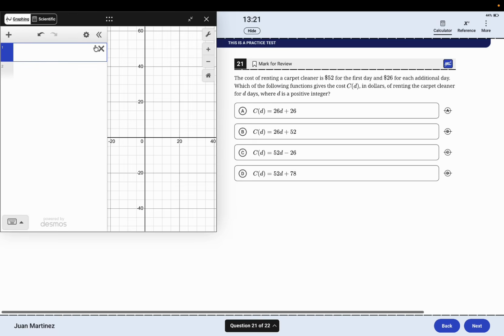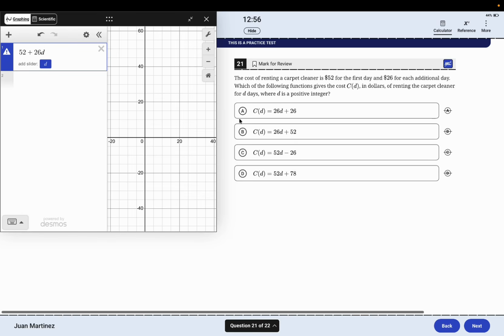Okay, so 52 for the first day. That's just going to always stay the same. It's going to be 52 for the first day. And then we have to take into account our other days, right? Some of you may think this is the correct answer right here, 52 plus 26D. But as you can see, B is going to be the wrong answer.